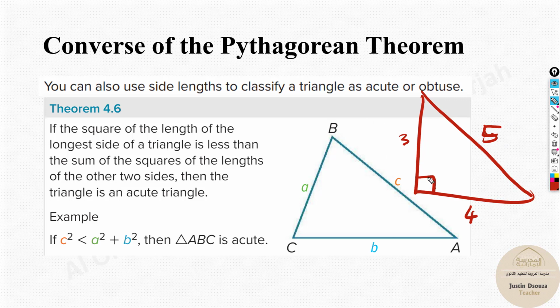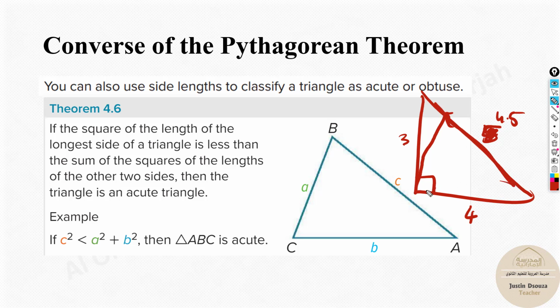But now let me change this. Let me keep 3, 4 and put this as 4.5. In this case, I know it is less than 25, so it is not equal, it will be less. So this angle dips a little like this because this length will be shorter. It's not 5, it's a bit shorter.